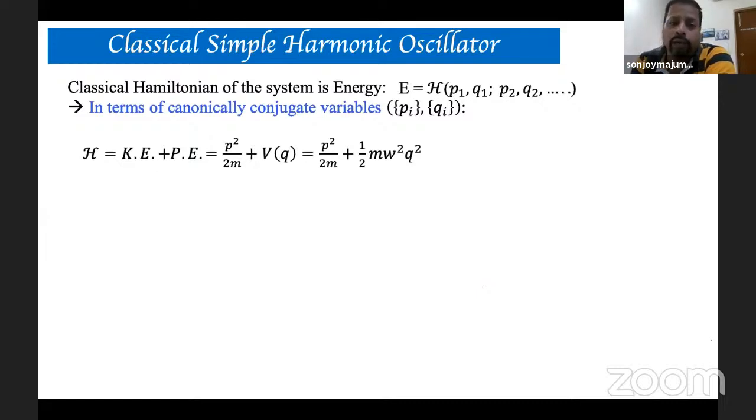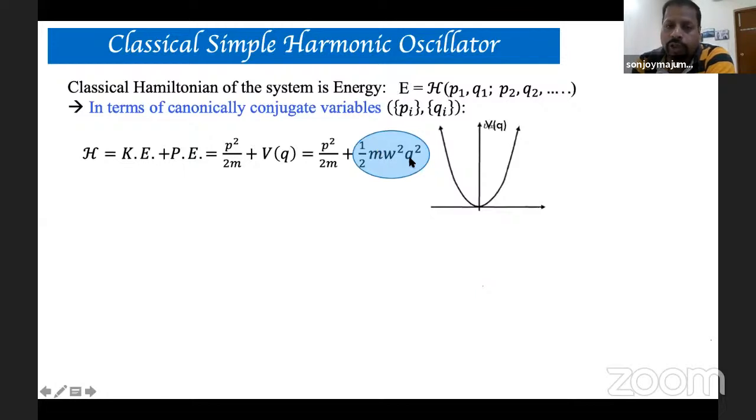Now this Hamiltonian, which represents the energy, can be written in terms of kinetic energy and potential energy, which we can express in terms of the canonical conjugate variables, momentum and position. For the harmonic oscillator, this is your potential, which you can plot easily: half m omega squared q squared. Q is the position variable here, the system oscillates with frequency omega, and m is the mass.